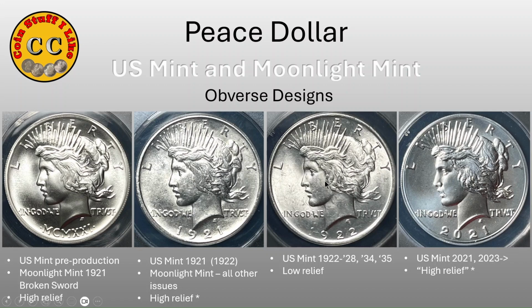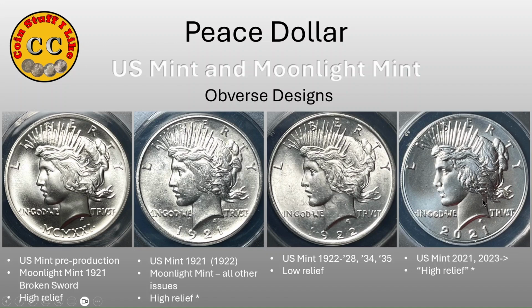In fact, if you have a 1922 and you go, oh, well, I might have one of these 1922 proofs or 1922 high reliefs that got out from the mint, and they're going to be 6-figure coins, you can easily know that you're dealing with low relief, not a high relief 1922 by virtue of this extension.